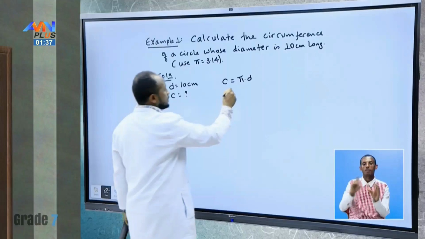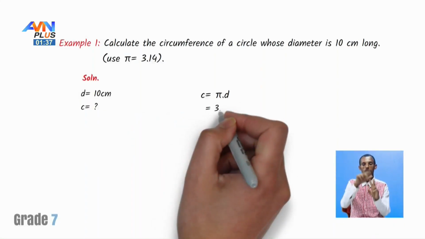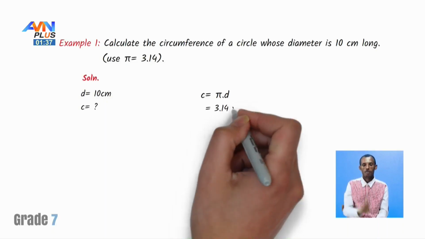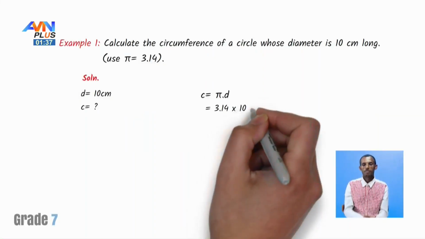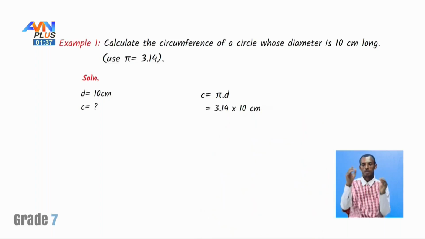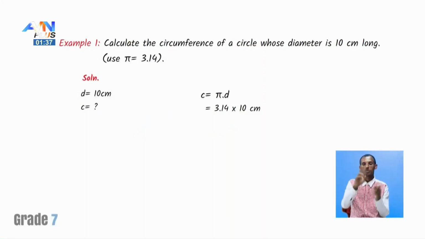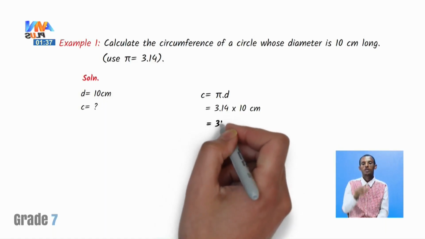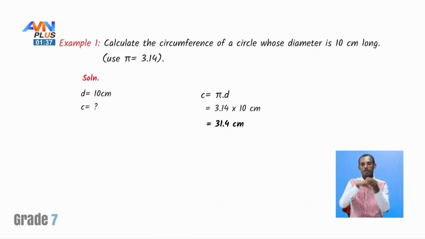Therefore, here we can use pi 3.14. So 3.14 times the diameter, 10 centimeter. So the product of these two gives us 31.4 centimeter, which will be the circumference of the circle.